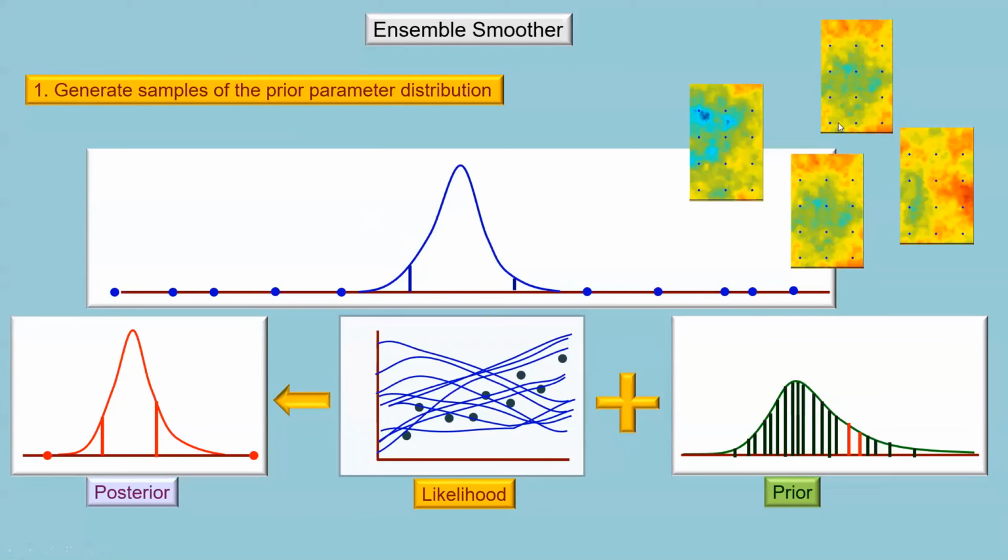So with an ensemble smoother, we generate realizations of the prior probability density function. Realizations of parameter fields, samples of the prior probability density function. These have to be adjustable, so they're a little bit abstract. We'll talk a bit more about that later.